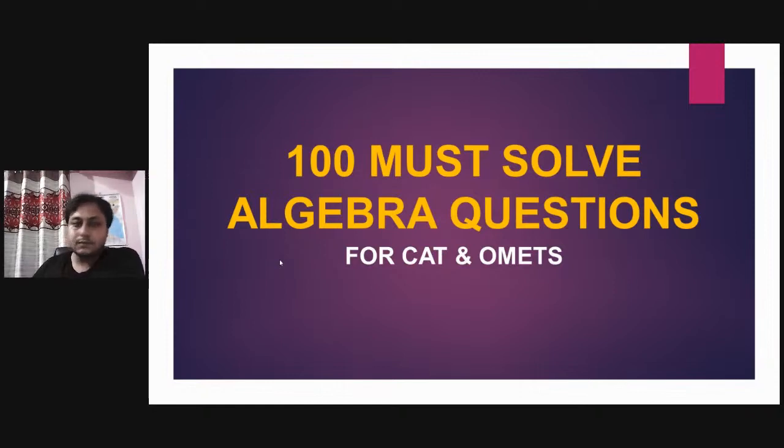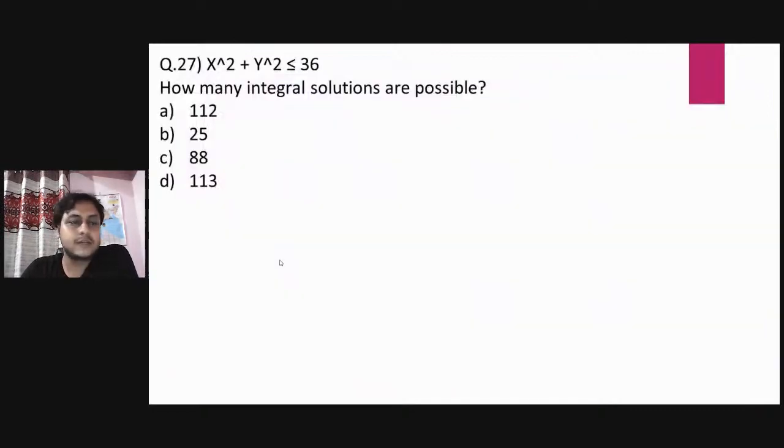So students, in this video I will discuss the remaining types of special equations. Start with this first question: x square plus y square less than or equal to 36, right?